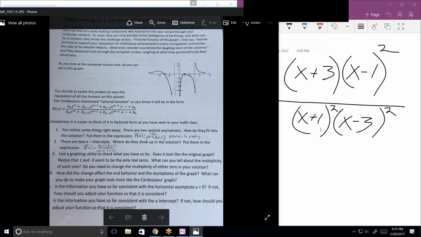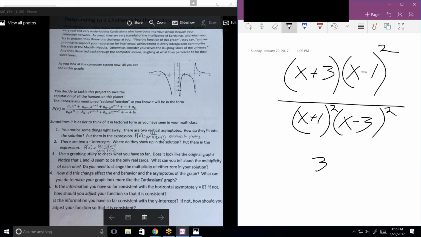Hold on a second, maybe I do. Let's see, I get 3 times 1 divided by 1 times 9. So I get 1/3. And that's why the graph that Wolfram Alpha had this middle piece above the x-axis.